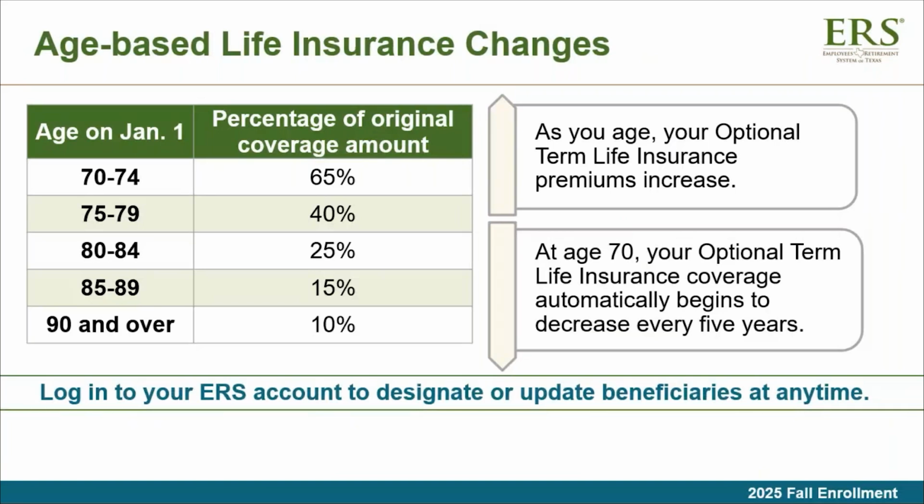So you want to make sure that you do update that policy for your life insurance. And that can be updated at any time by either logging into your ERS online account or calling ERS to get that updated. We want to make sure that we're paying out this life insurance policy that you're paying for to the correct individuals.